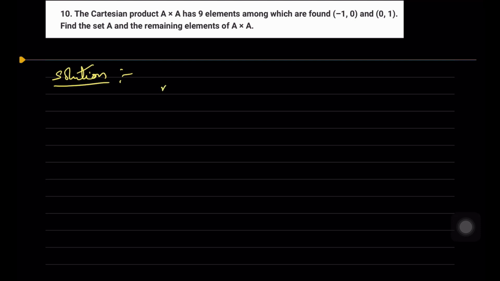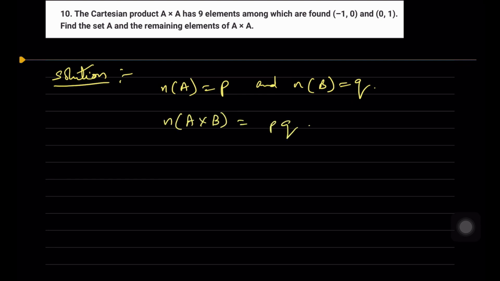So now here, if n of A is equal to p and n of B is equal to q, we know that the number of elements of A cross B is equal to how much? pq.